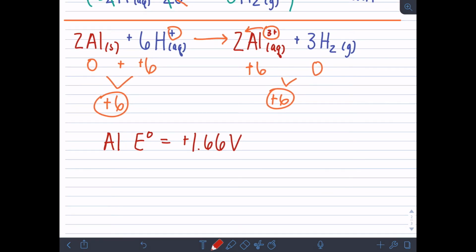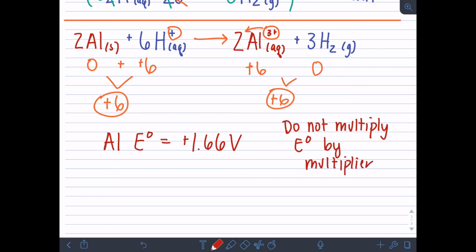Do not multiply it by anything. It's an intrinsic value, so it doesn't change with amount. So do not multiply electrode potential by multiplier. Leave it as it is.